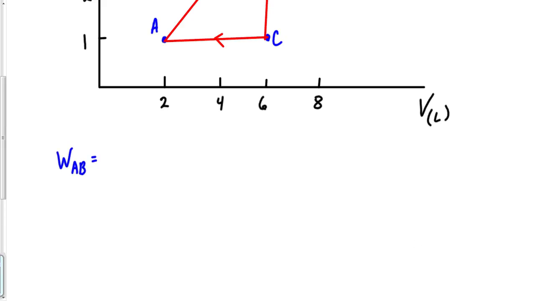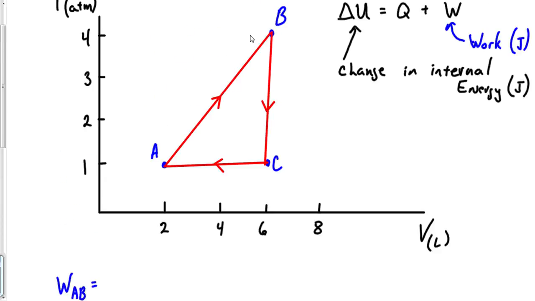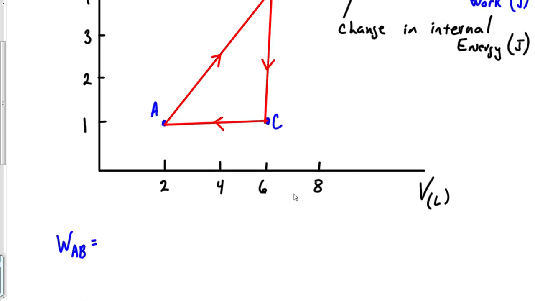Work done from A to B means all I have to do is find the area underneath line AB. I get to ignore everything else, so it'll be the negative of the area underneath that line. I have to take into account that there is a triangle here, plus the area underneath that triangle.